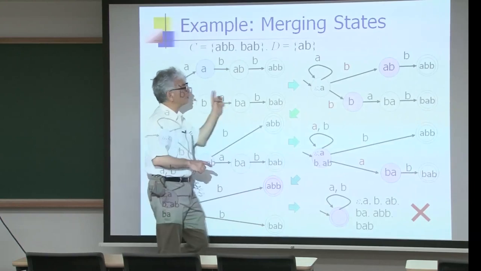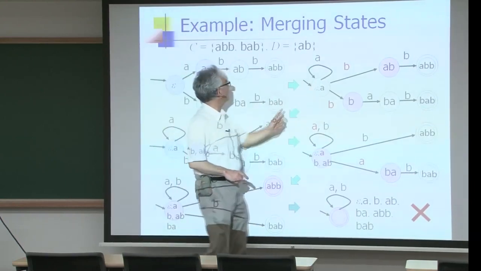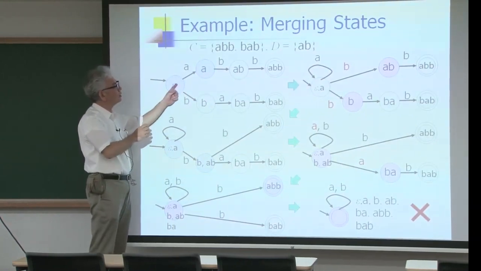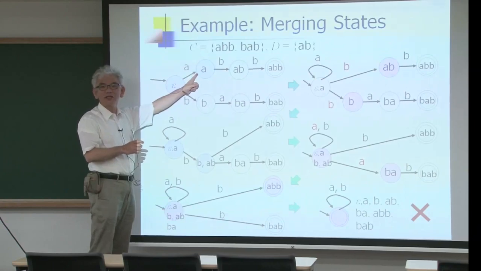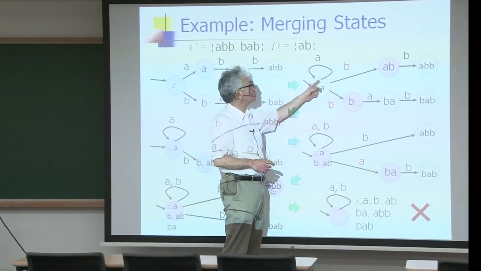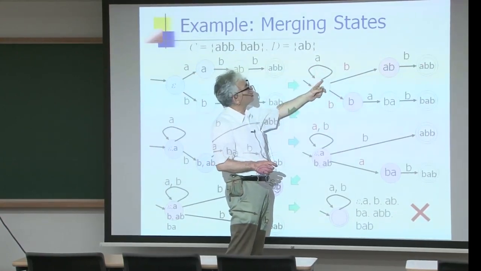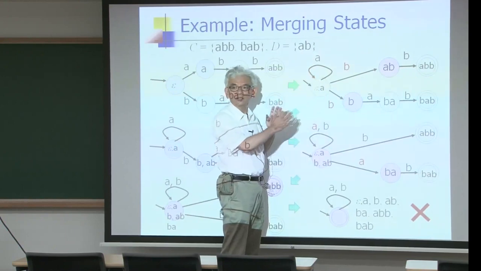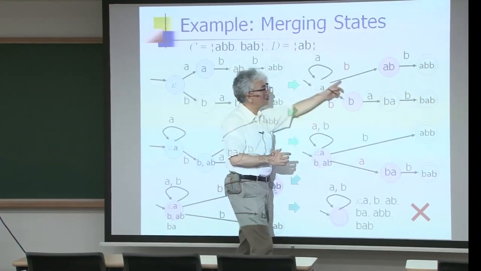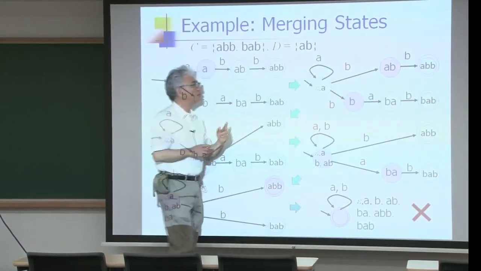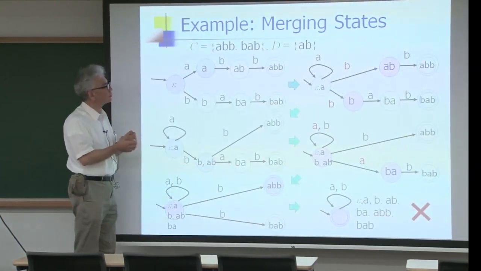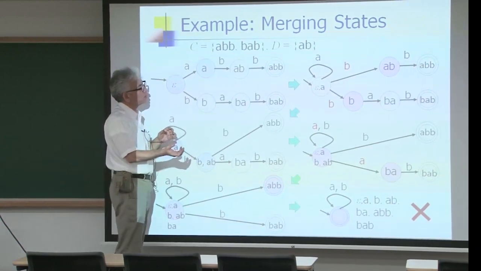And this is a generalization of the previous one, because in the previous automaton only a single A is accepted, but in this automaton we have a sequence of A as long as we like, followed by B and B here. So this is a generalization, and this automaton accepts more strings than the previous one.